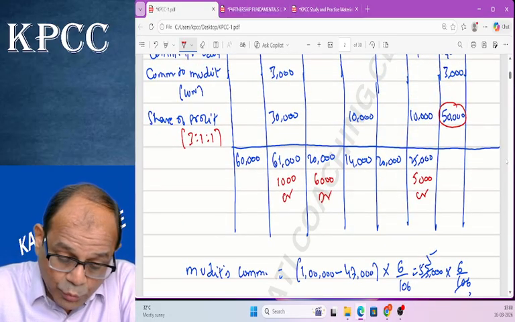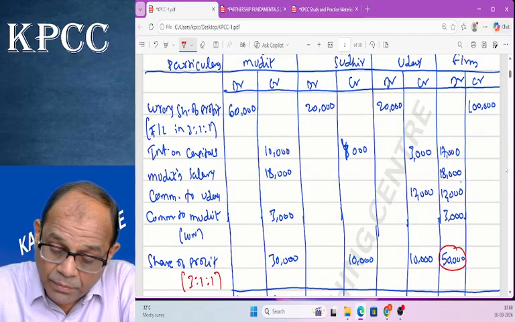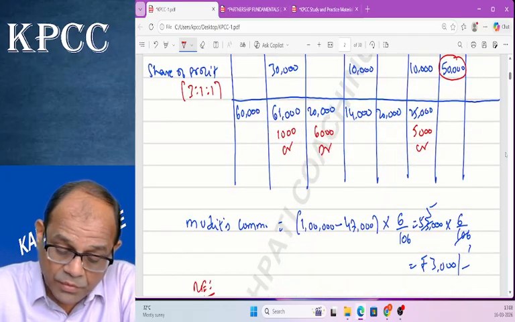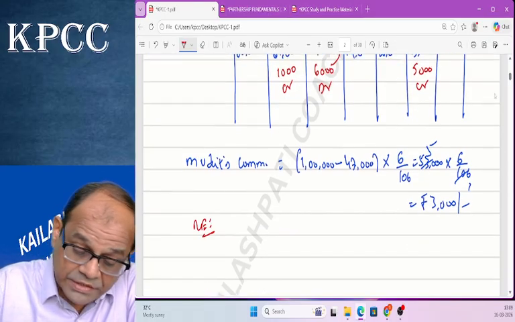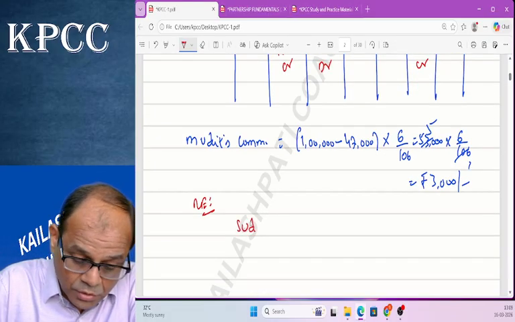Now we got it. We will credit Mudit and Uday, and Sudhir will be debited. Sudhir, how much will be debited? 6,000. Sudhir's current account, not capital account.